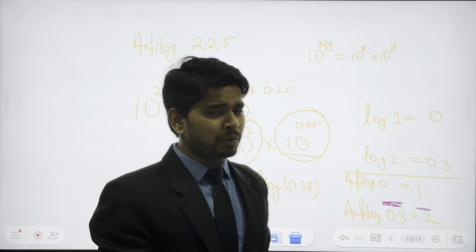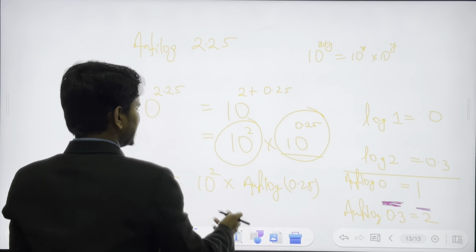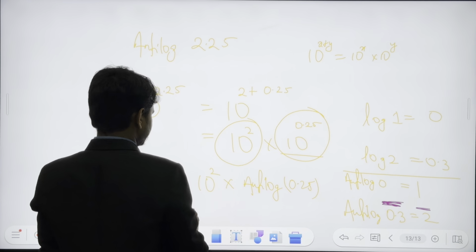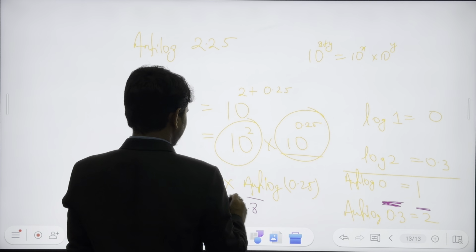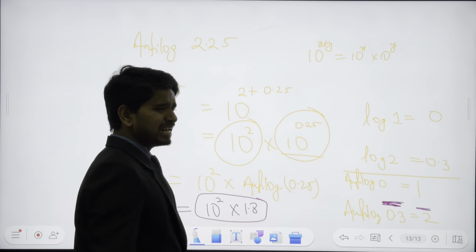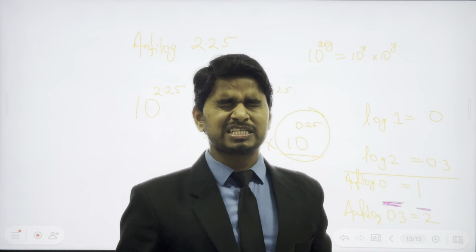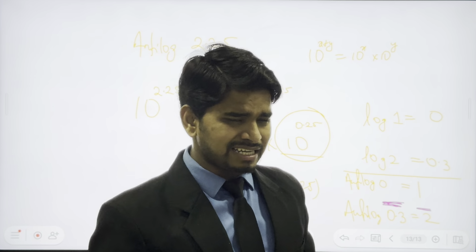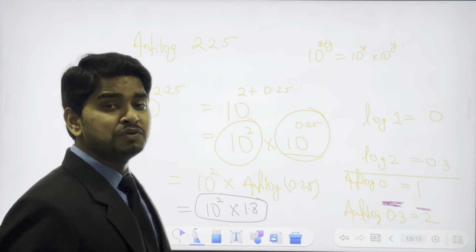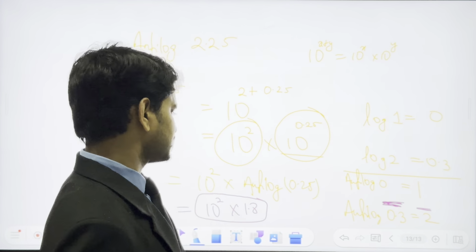It will be more than 1.5, so we can say it will be around 1.8. So 10 to the power 2 into 1.8 is the right way of writing the value. It can be 1.8, 1.7, it's an approximate value. It can be 1.9 as well. So 1.85 or 1.9 is the right answer, I guess. It's an approximate value, and you have to do the approximation.